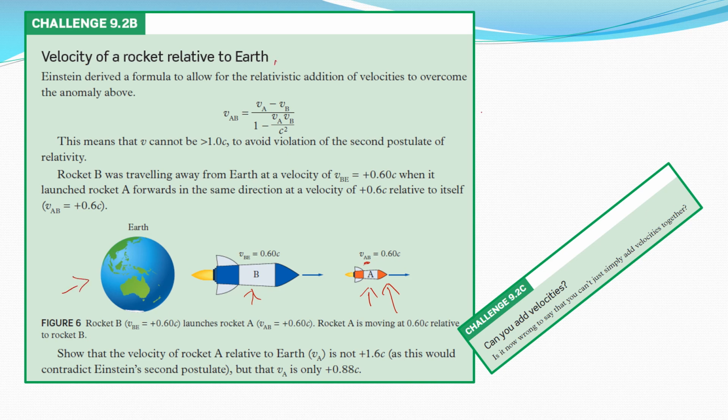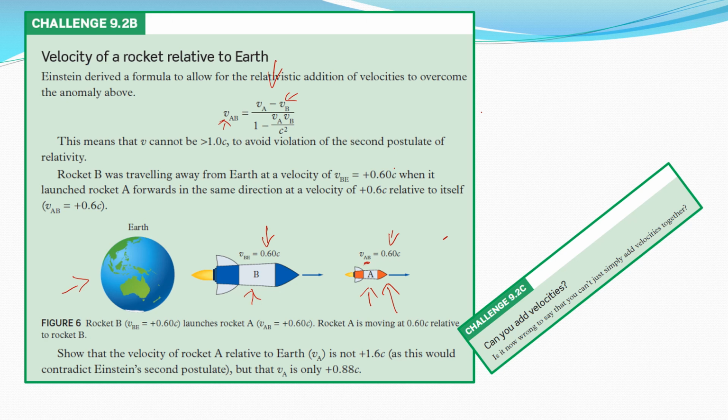Einstein's got a nice little equation up the top here, so you need to plug in the numbers that you know. You know that the velocity of B with respect to Earth is 0.6, so that will be the velocity of B's. You know that this guy's traveling at 0.6 with respect to him, right? But what we also know is the velocity of B with respect to A is also 0.6.